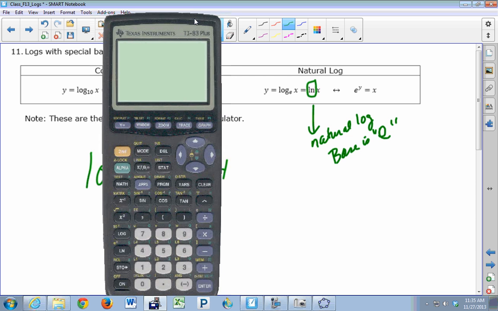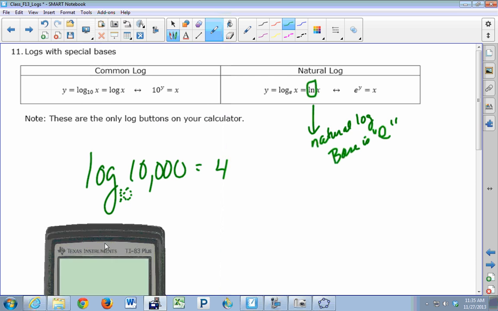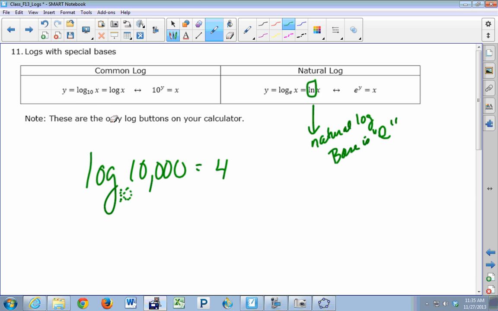Okay. So notice here you have your ln button, and if you look directly above it, there's the inverse function e to the x, the natural exponential function. So if you see log with no base, you know it's base 10, and if you see ln, you know it's base e. So let's take a look.